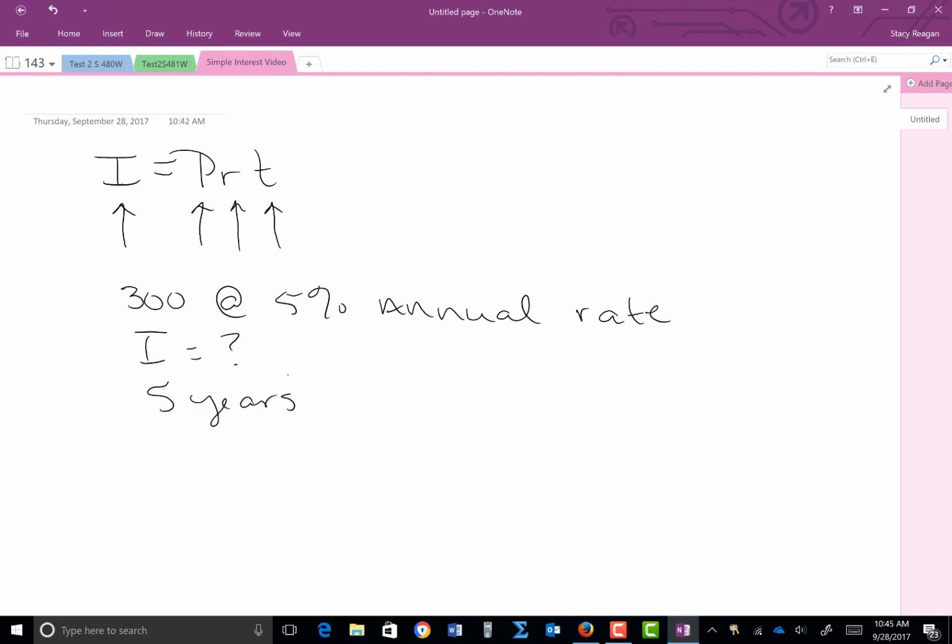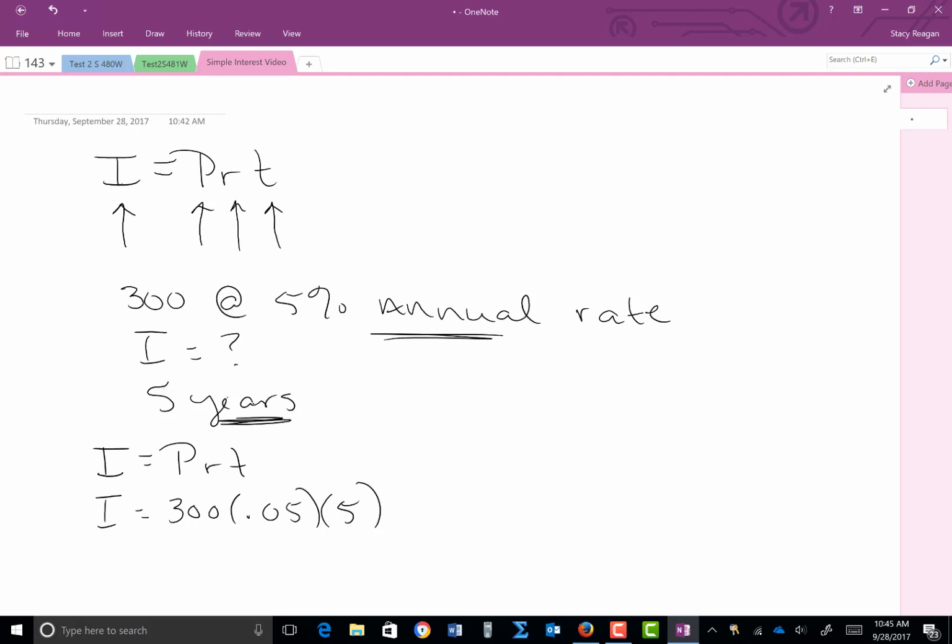So this is very straightforward. I would plug into my formula all the given information. So principal is 300, rate would be 0.05 once I change it to a decimal, and time would be 5 years because it's annual. It's annual rate and the time is in years. So we just plug it in and do the math.